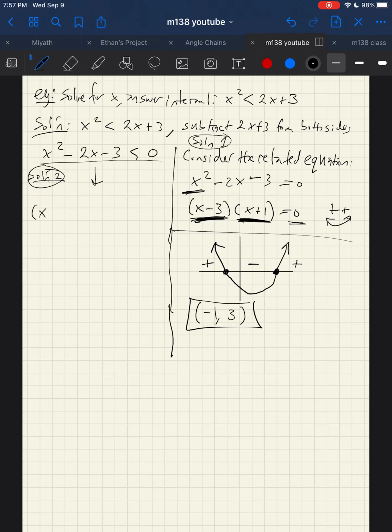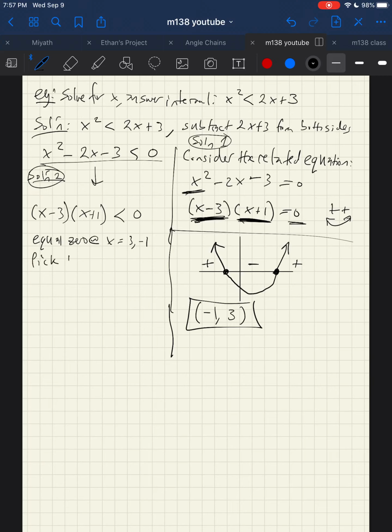What I could do is factor this again. I get x minus 3 times x plus 1 less than 0. And again, I'm looking for where this thing is negative. Well, I know that it's going to be equal to 0 at x equals 3 and -1.